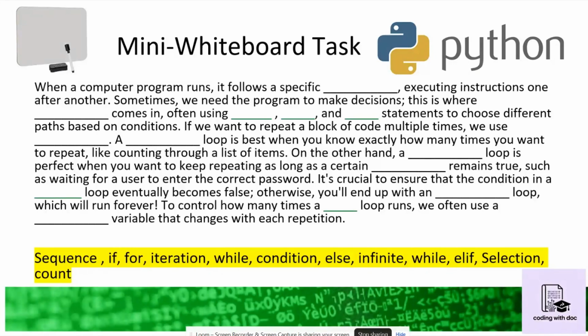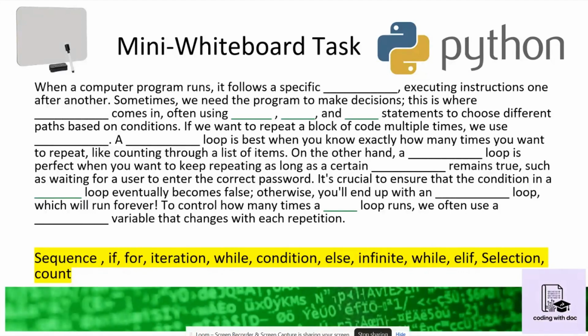If we want to repeat a block of code multiple times, we use iteration. A for loop is best if we know exactly how many times we want to repeat, like counting through a list of items. On the other hand, a while loop is perfect if we want to keep repeating as long as a certain condition remains true, such as waiting for a user to enter a correct password.